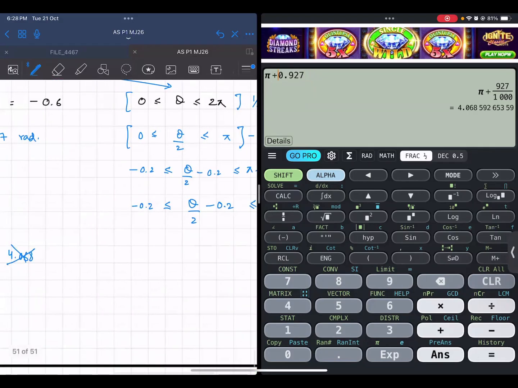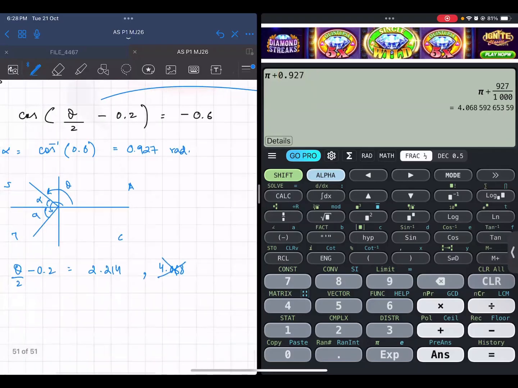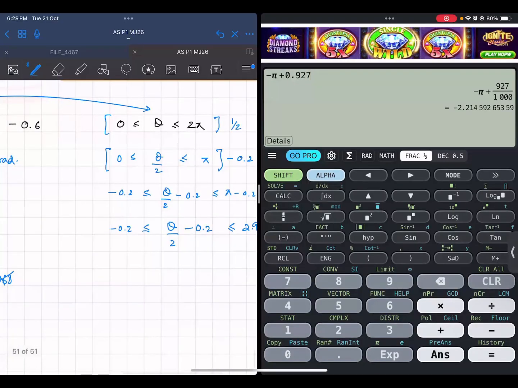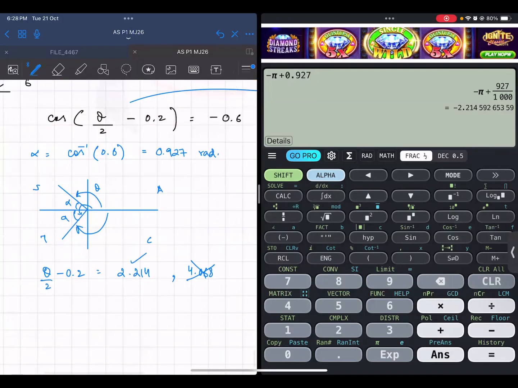Negative 0.2. So if I find the negative angle as well, this would be negative pi plus 0.927. So this is also outside the range. It is not more than negative 0.2. It is even more outside the range. So there's only one solution.